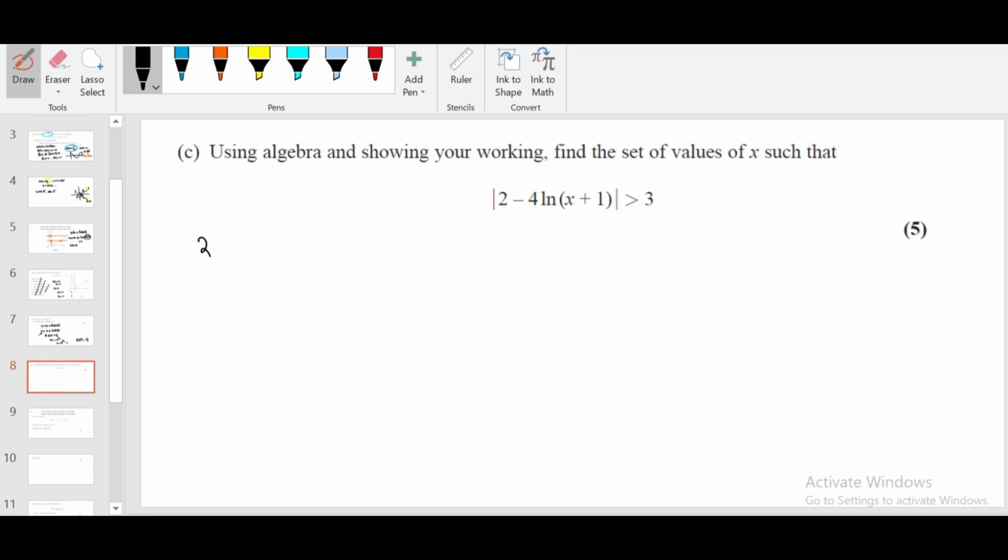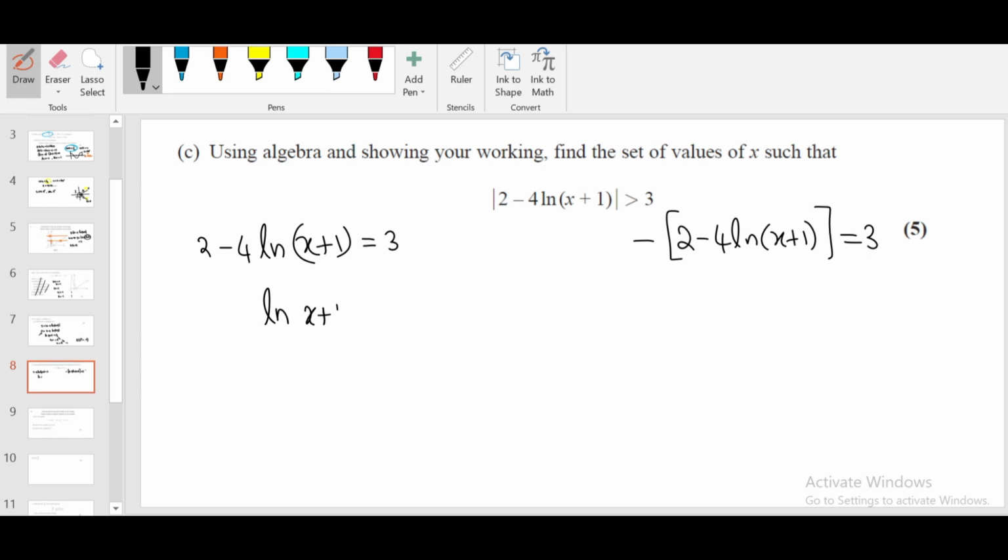So I'm going to take the positive argument, 2 minus 4 ln(x plus 1) is equal to 3. And then the negative argument, minus (2 minus 4 ln(x plus 1)) is equal to 3, and solve them separately. So here you will get 3 minus 2 is 1, ln(x plus 1) is equal to -1 over 4. Then make x the subject, you will get x plus 1 is e to the power -1 over 4.